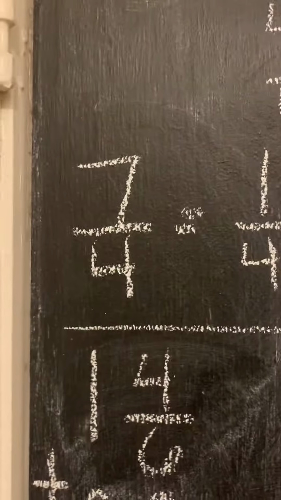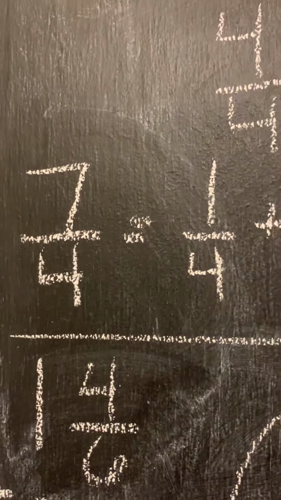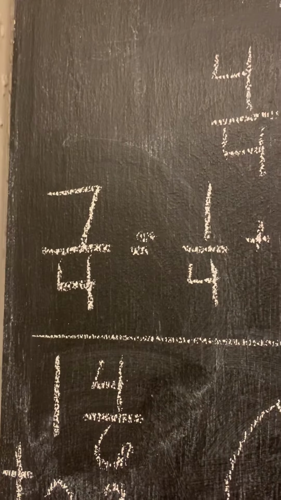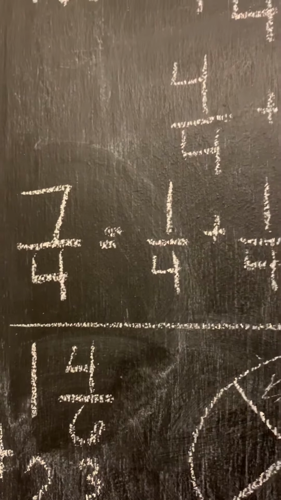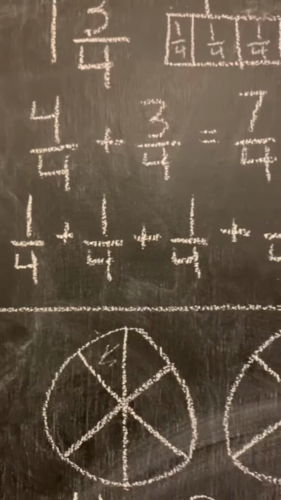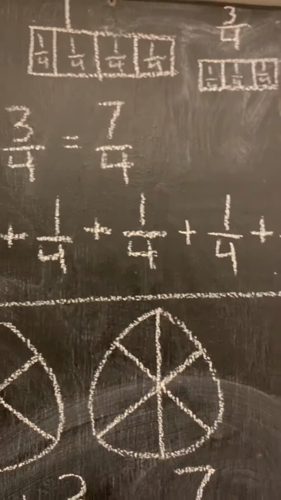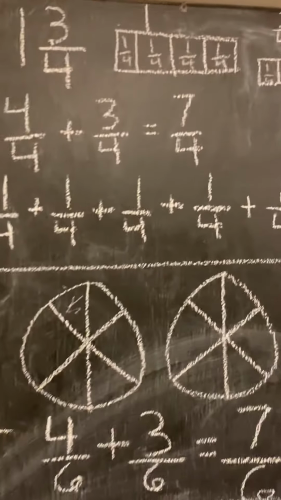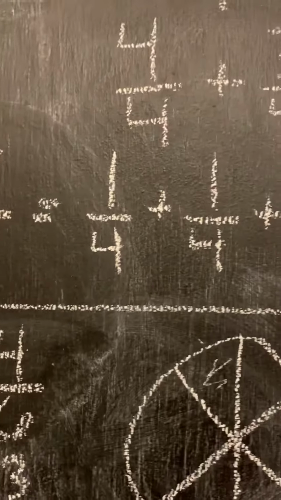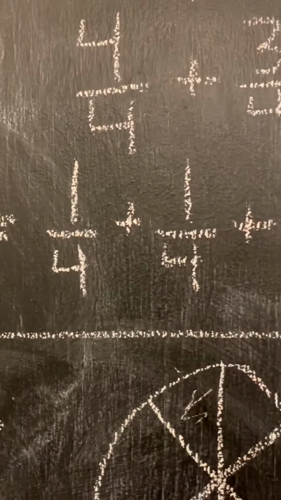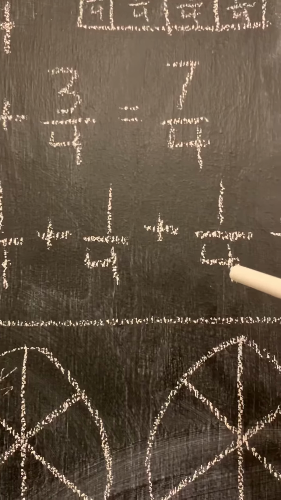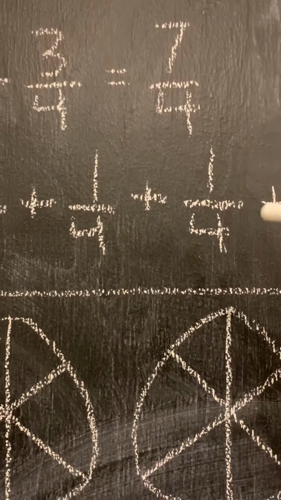7 over 4, right? We know that we're working over 4, so let's do all the unit fractions that it would take to make 7 over 4, well, 7 of them, right? 1/4 plus 1/4 plus 1/4 plus 1/4 plus 1/4 plus 1/4 plus 1/4. So there's 7 of them. And here's what we'll do. Let's add them together. 1/4 plus 1/4, 2/4 plus 1/4, 3/4 plus one more, 4/4. Oh, you know what? We've got a whole.